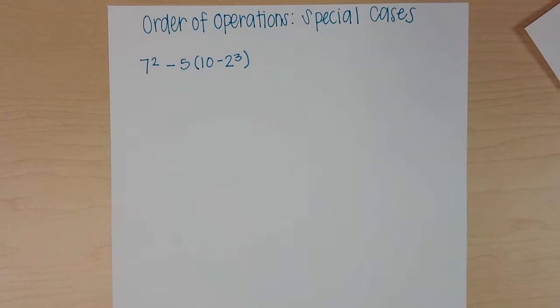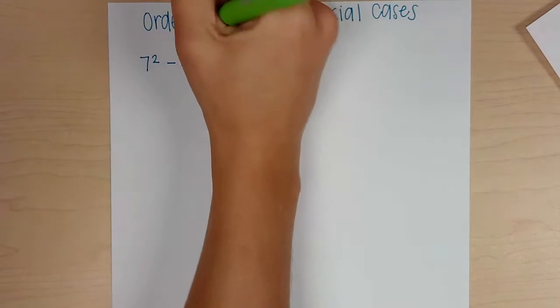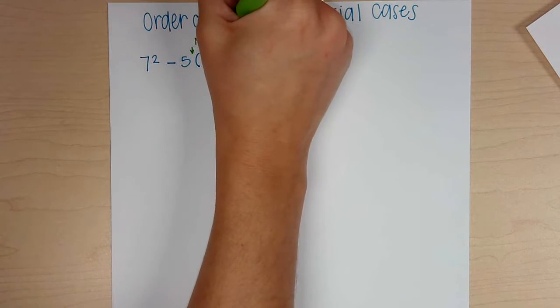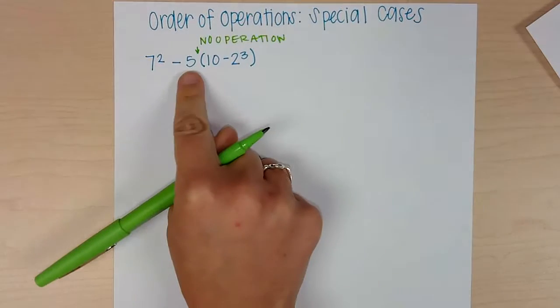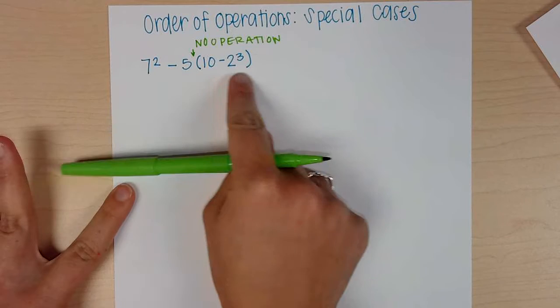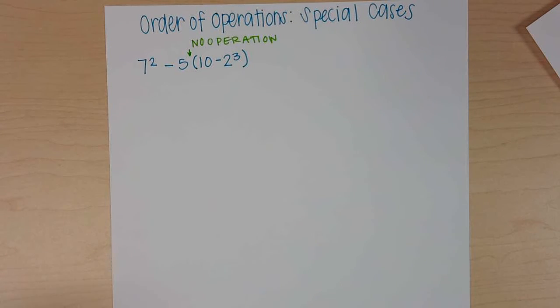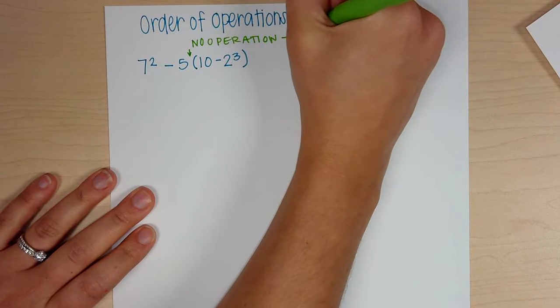Now this is a special case that gets a little tricky for students because as you can see, there is no operation between that 5 and that parentheses. Evaluating expressions like this is part of algebra, and in algebra, when there's not an operation, we always default to multiplication.